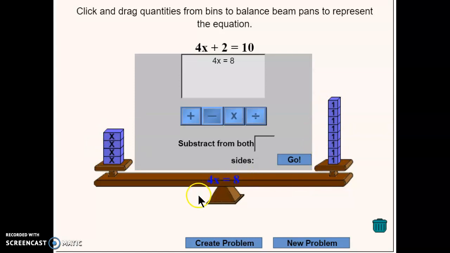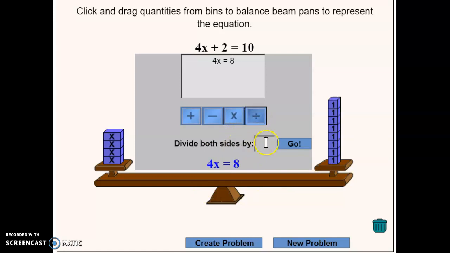Now I want to find out x equals what, so I need to get rid of the 4. So 4x, I want to find out x, so in that case I just divide the whole thing by 4. I try to do the same on both sides, right? So divide both sides by 4 because it's 4 times x.